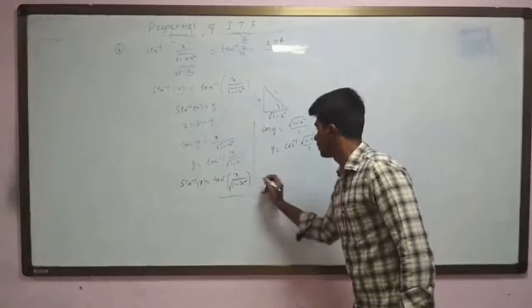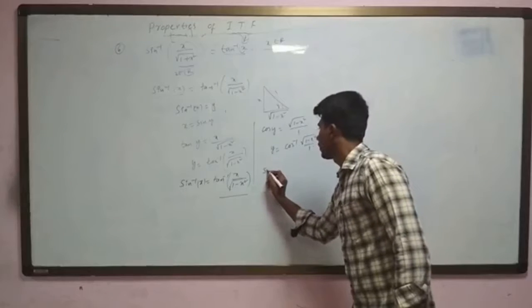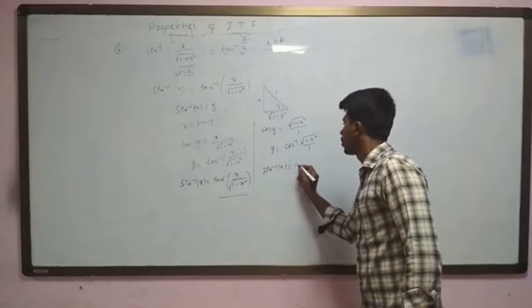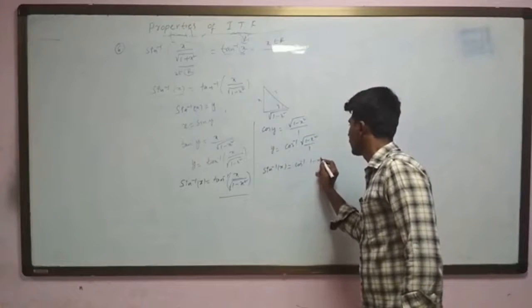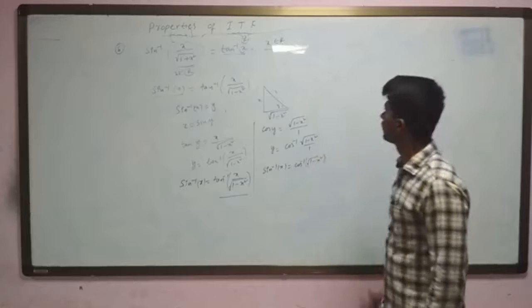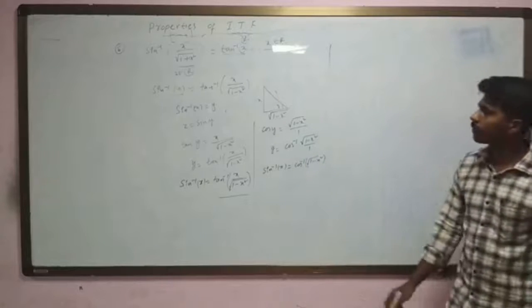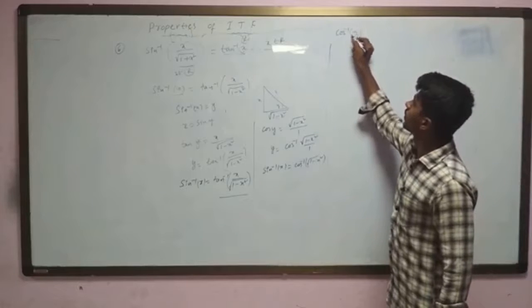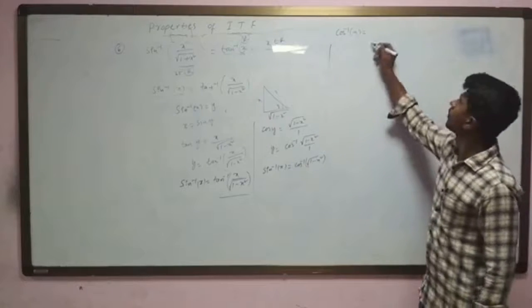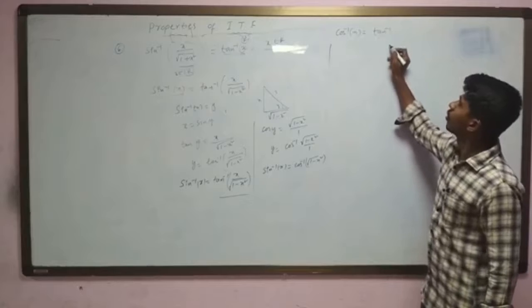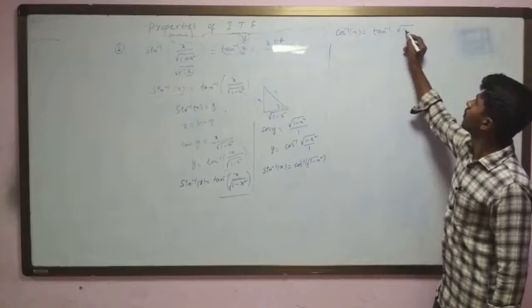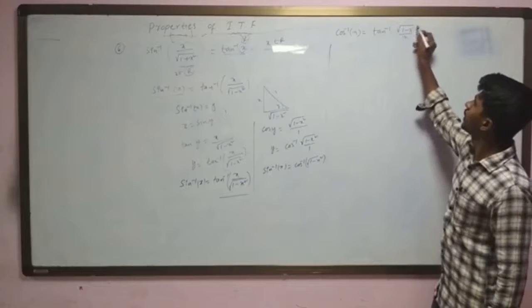Y is nothing but sin inverse x. So sin inverse x is equal to cos inverse 1 minus x square under root. So one more property we have, cos inverse x is equal to tan inverse of root of 1 minus x square by x.